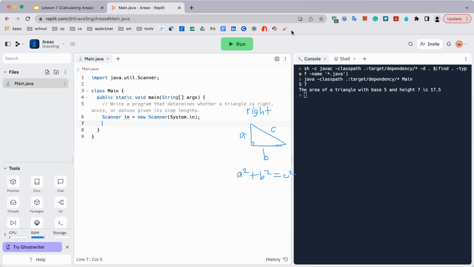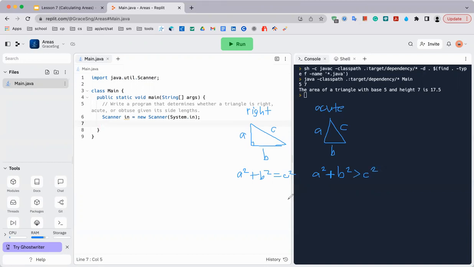Okay, so now let's look at the other two triangles. Let's look at an acute triangle first. So maybe I have something like this, and I'm still going to have three sides, A, B, and C. Now, if a triangle is acute, then we're still going to use the sum of the squares of the two shortest legs, and that is going to be greater than C squared.